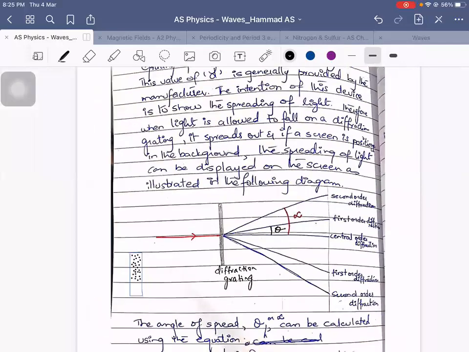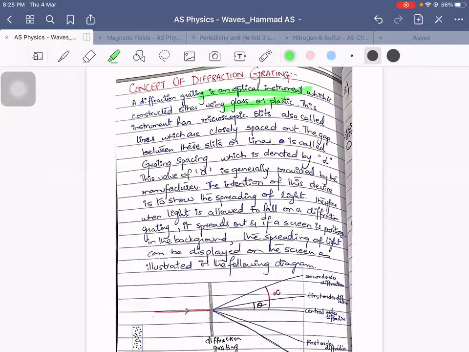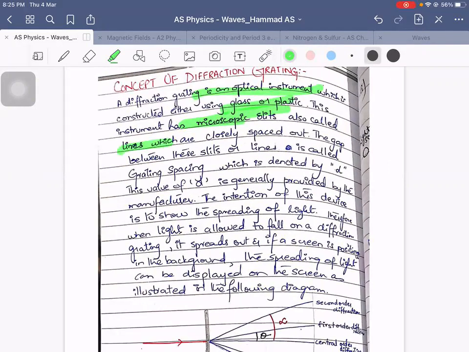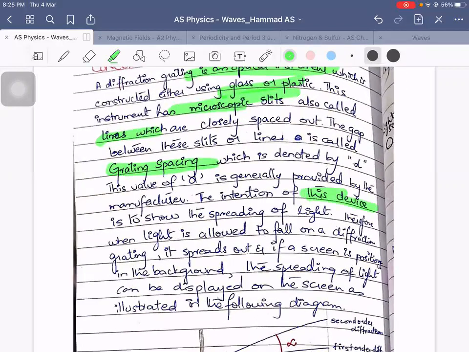So a diffraction grating is an optical instrument constructed using either glass or plastic. This instrument has microscopic slits, which are called lines and are closely spaced out. The gap between these slits or lines is called the grating spacing. The manufacturer of these diffraction gratings will provide you with the value of the grating spacing. The intention of this device is to show spreading of light.